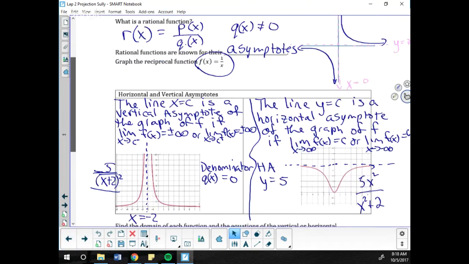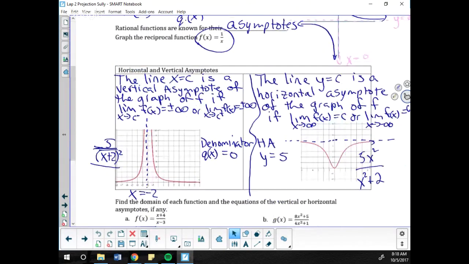So, who remembers what a vertical asymptote is? Anyone? Yeah? The vertical line where you can't really cross, it's where the denominator makes it equal to 0. Alright, horizontal asymptote.